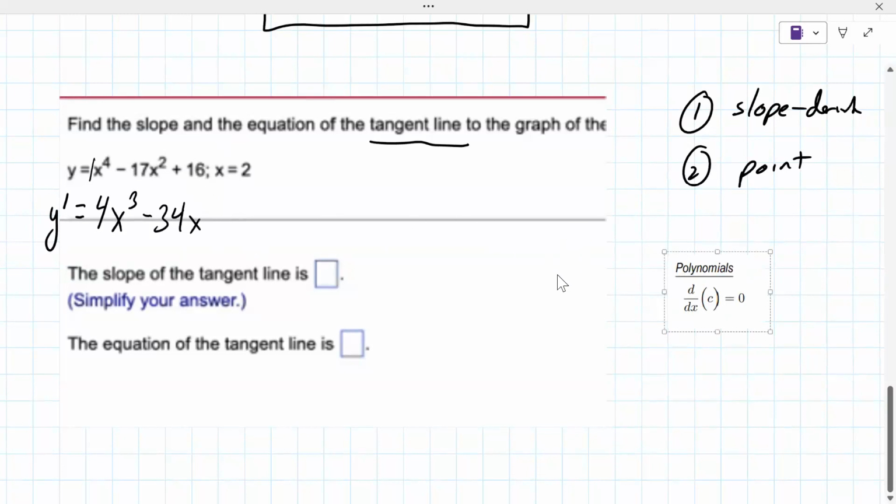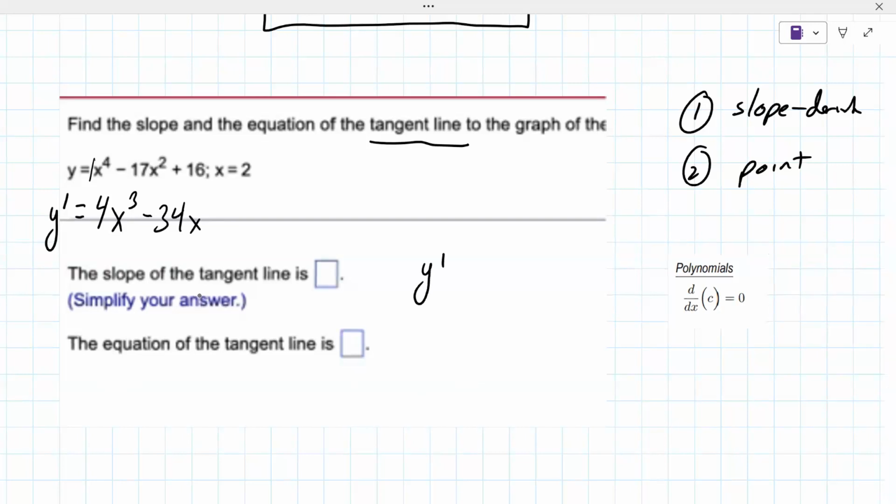Okay. All right. Now, the slope of the tangent line, that means to put the x value into the equation. So you're going to evaluate the derivative at 2.